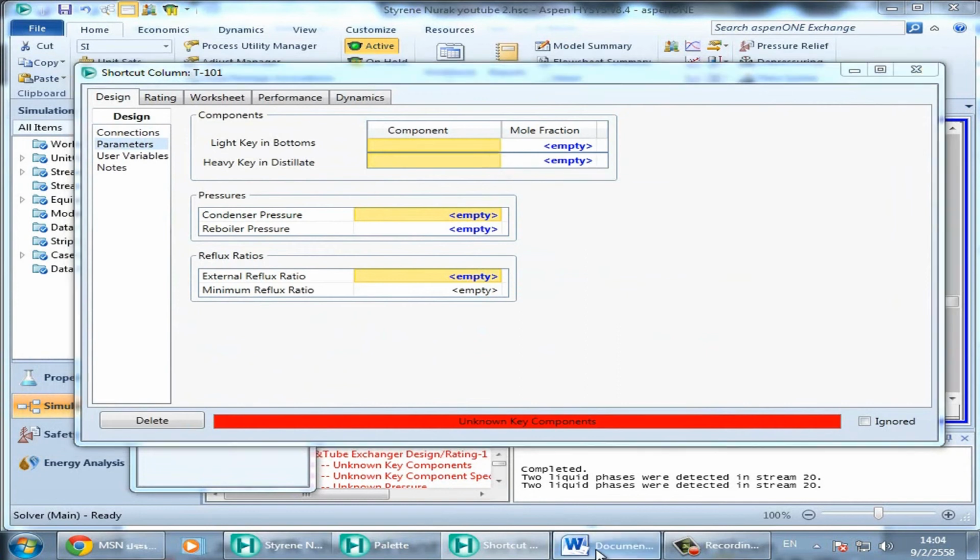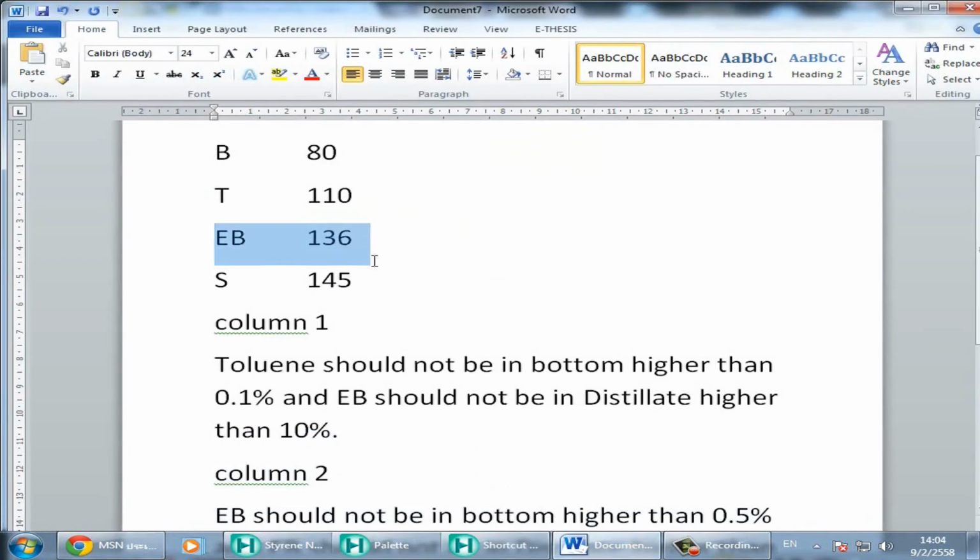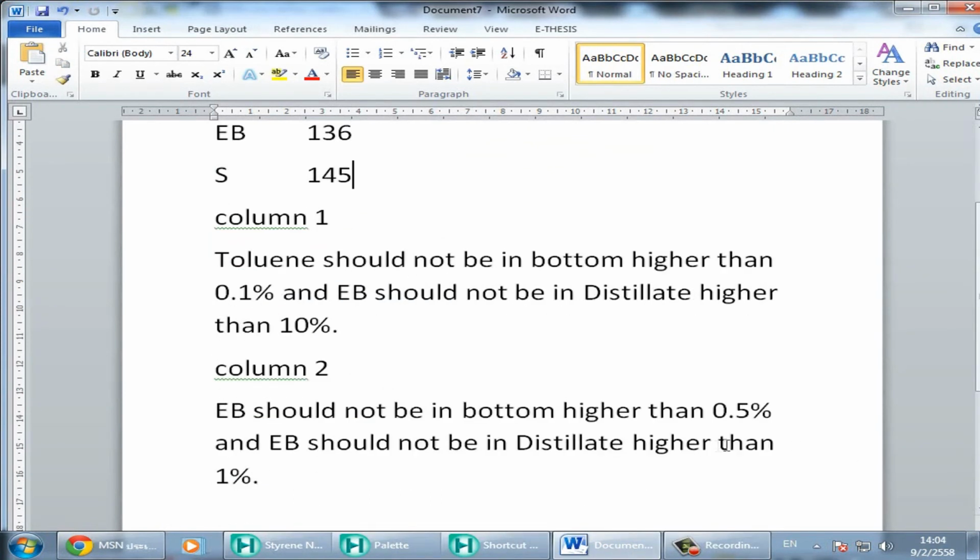So in this case, of course, we are working on ethylbenzene and styrene here. And the specification is that ethylbenzene should not be in the bottom higher than this.